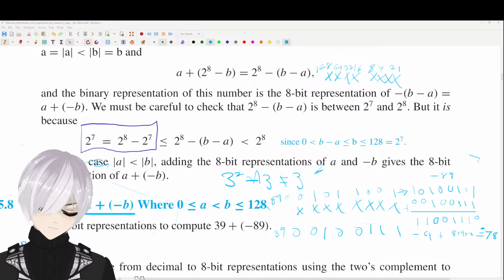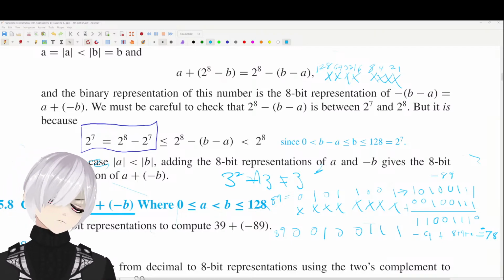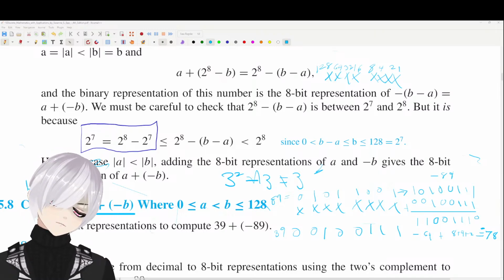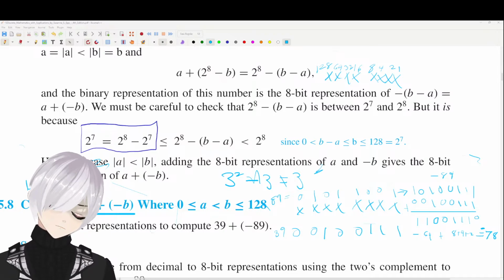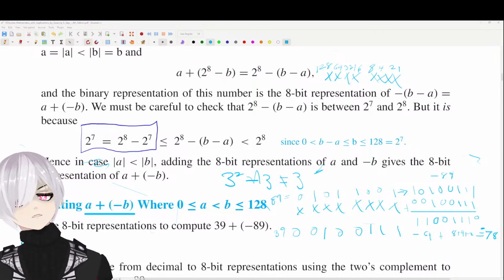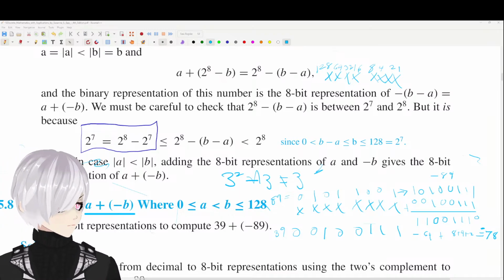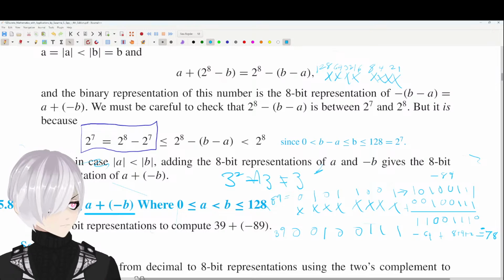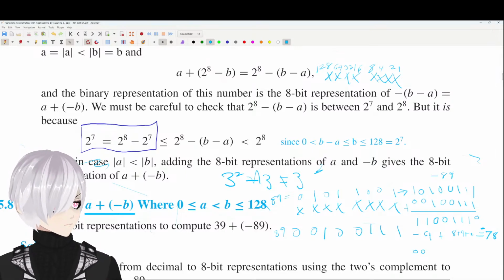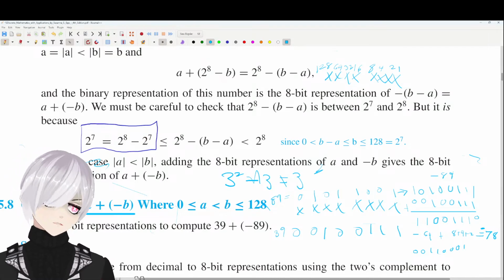So do we drop the leftmost digit when we're taking the 2's complement of a negative number? We don't have to, because you only drop the leftmost digit if it goes beyond the 8-bit limit. Oh, true. So we can keep the leftmost digit and just convert all the zeros to ones and the ones to zeros, the 1's complement, and then add one.